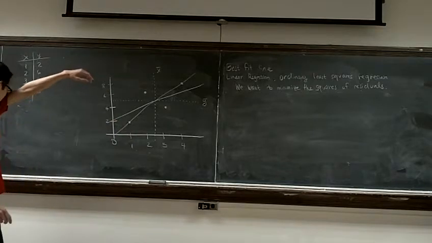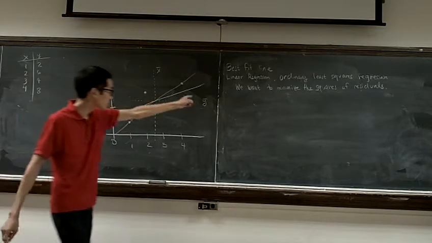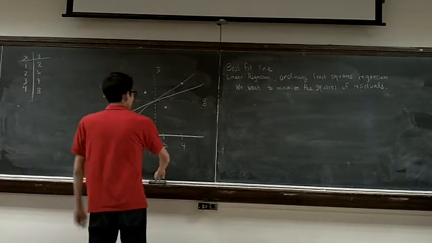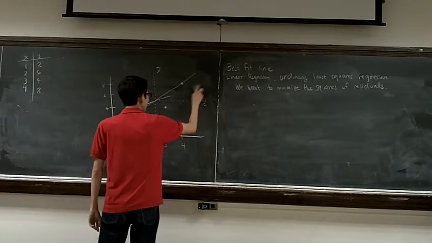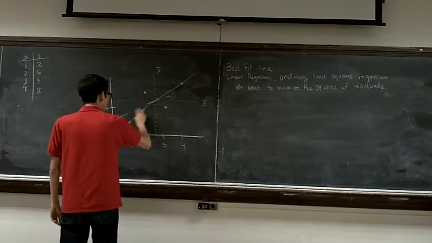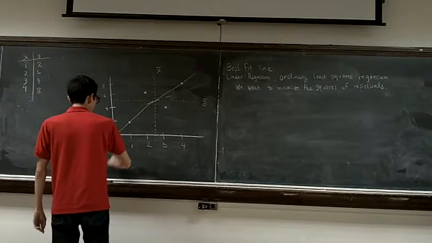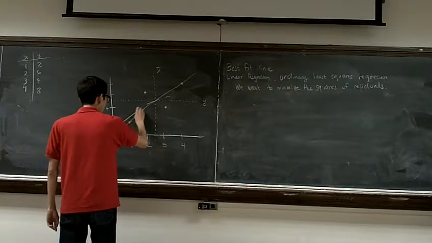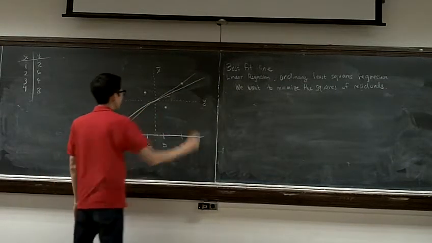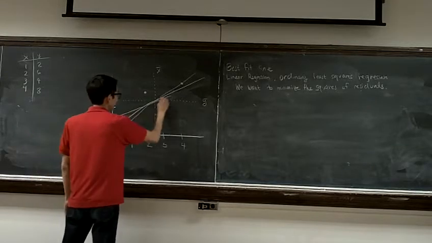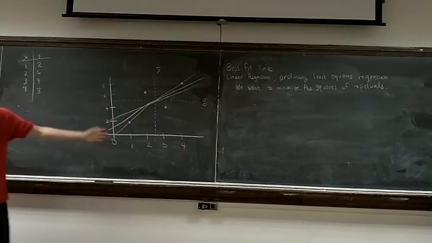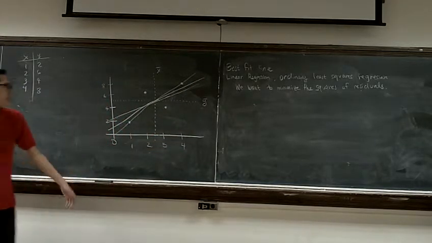We've got all sorts of different ones. Okay, we want to minimize the squares of residuals. Let me actually get a slightly different line here. This one went through 2. I actually wanted to go through 1. Okay. Well, we could have all sorts of lines, and then it's like which line is the best?